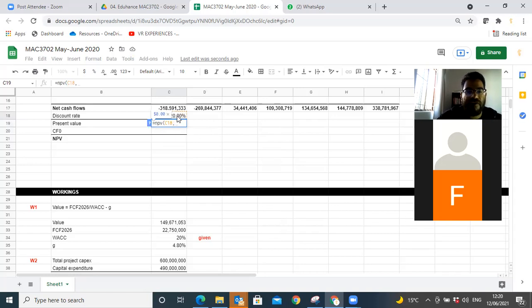They start with cash flow year 1. So now I must take cash flow year 1, cash flow year 2, cash flow year 3, cash flow year 4, cash flow year 5, cash flow year 6. Because they don't take year 0 into account, the amount they generate is the present value.